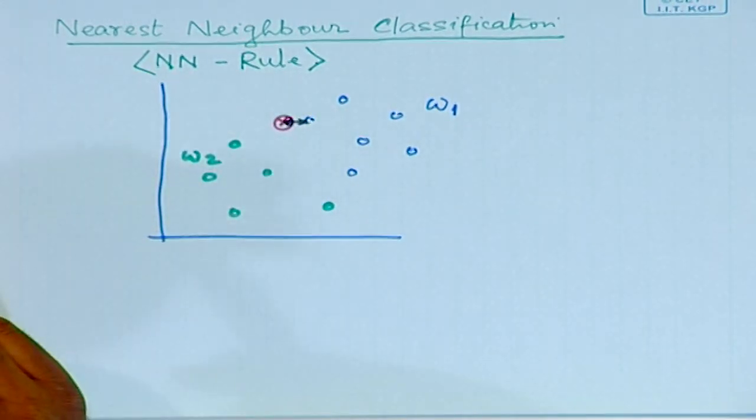But this particular approach has a problem. The problem is that the nearest sample does not mean that it is the most probable class. I can have a situation something like this.